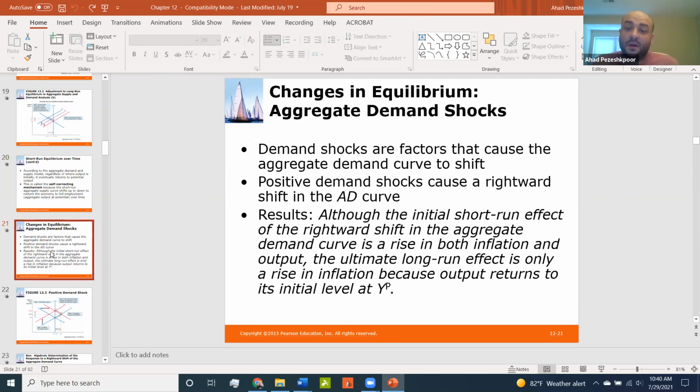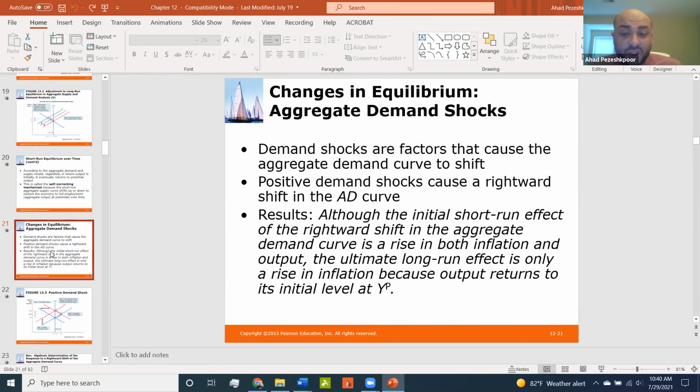Demand shocks are factors that cause the aggregate demand curve to shift. Up to this point, we talked about aggregate supply. Now we talk about aggregate demand. Positive demand shocks cause a rightward shift in the aggregate demand curve.